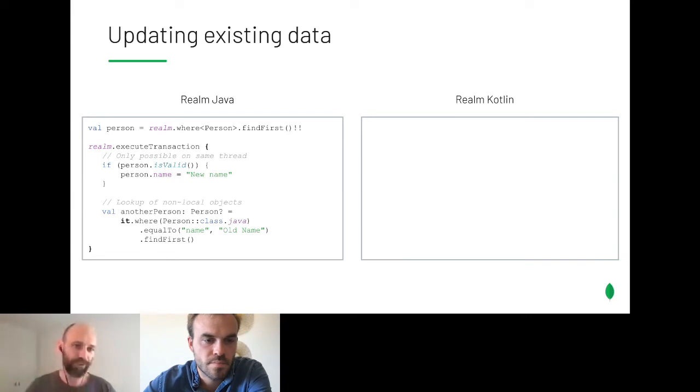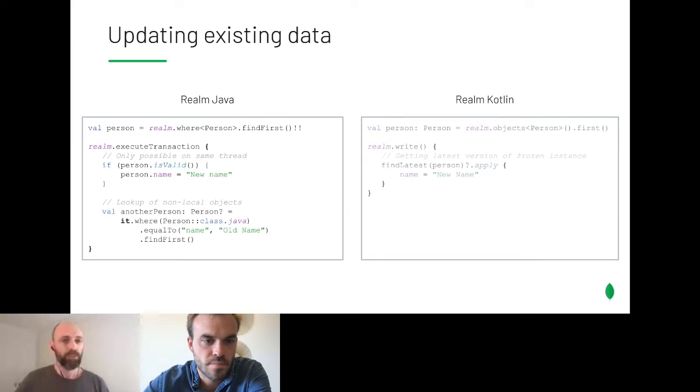We would have to query the realm and find out a good filtering pattern to identify objects uniquely. For Realm Kotlin, we have just provided an API for obtaining the latest version of an object. This works for both primary key and non-primary key objects due to some internal identifiers. And since we can now pass objects between threads, we can just pass our frozen objects in and look up the latest version.